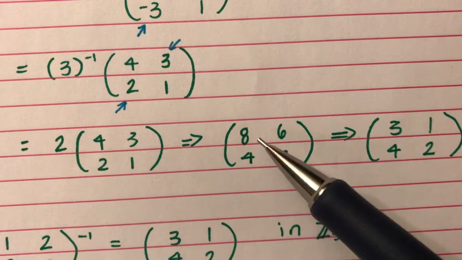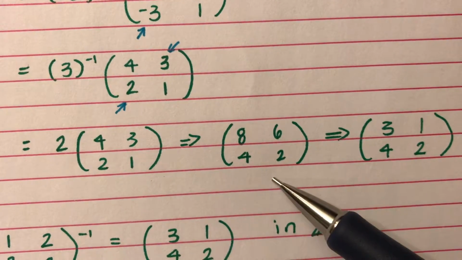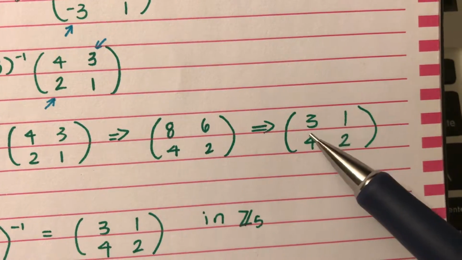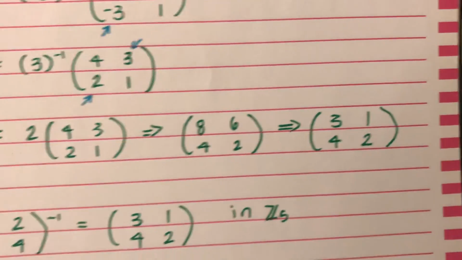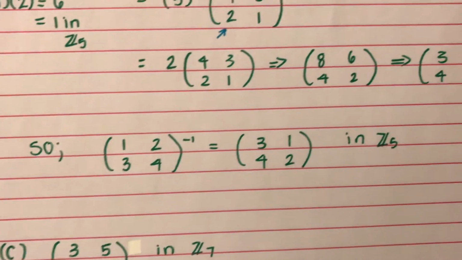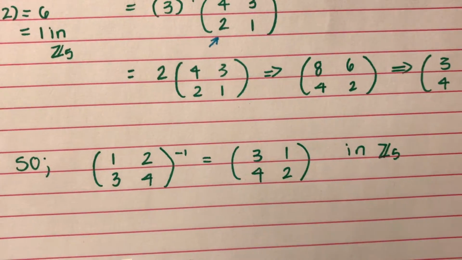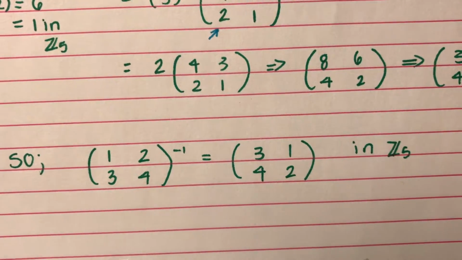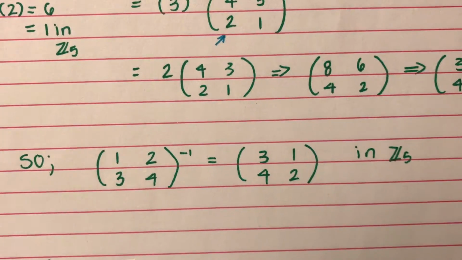That ends up giving us [8, 6; 4, 2], which if we change in Z5, we end up getting [3, 1; 4, 2]. So our final answer of finding the inverse of [1, 2; 3, 4] is going to be [3, 1; 4, 2] in Z5.